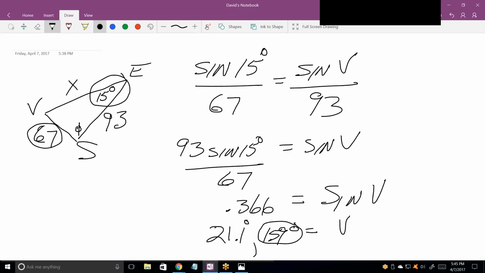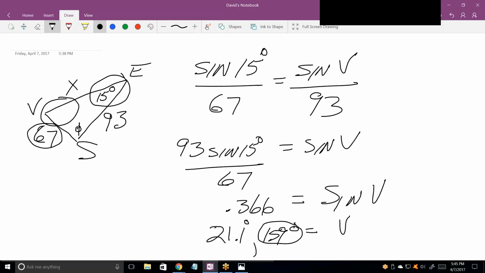Does it? Hold on, the only known angle we have is 15 degrees. And what you're telling me is that that angle V can be either 21.1 degrees or 159 degrees.